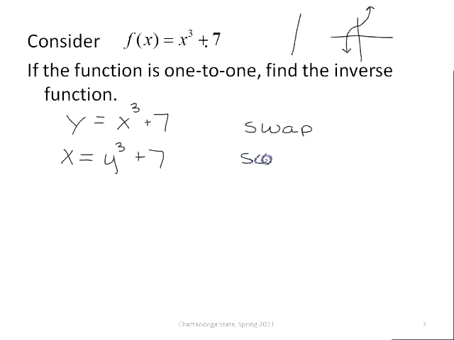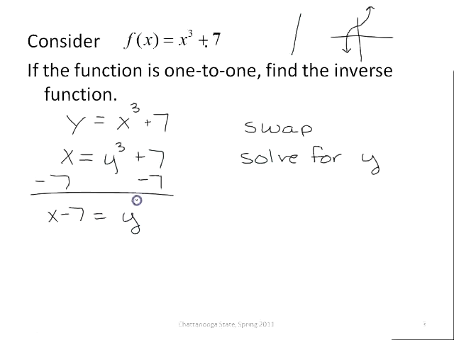So I swap, then I solve for y. So to solve for this y, I subtract my 7 from both sides of my equation. So I get x minus 7 equals y to the third power. So since this is y to the third power, in order to solve it for y, I have to take the third root on both sides.